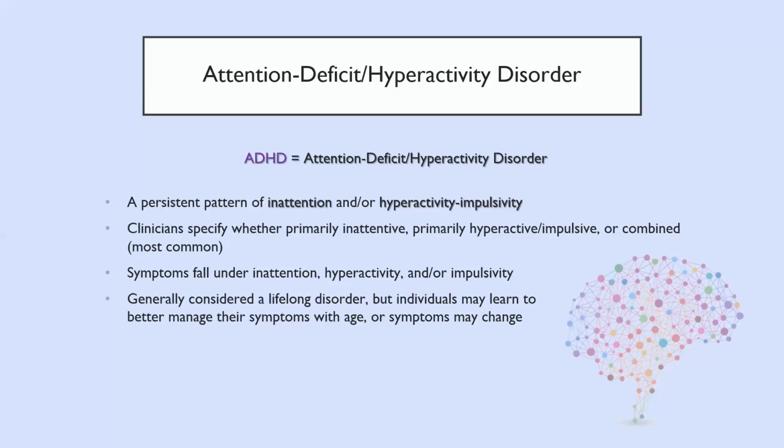When you go through the DSM, all these different disorders have a whole list of criteria. When a professional is making a diagnosis, they make sure: does this individual meet those criteria? They see if they meet enough inattentive, hyperactive, or impulsive criteria to meet this diagnosis.